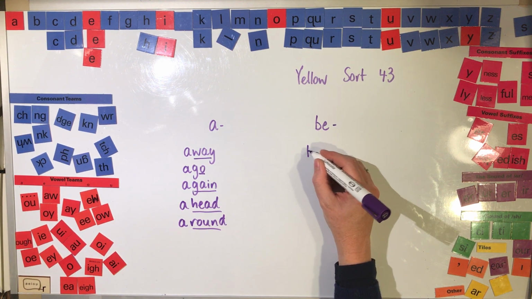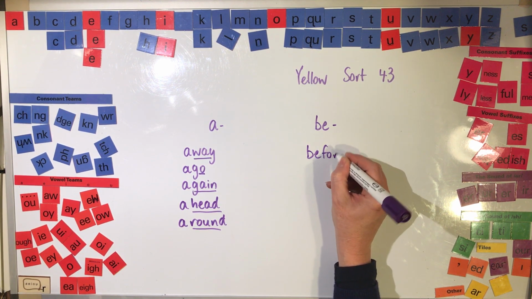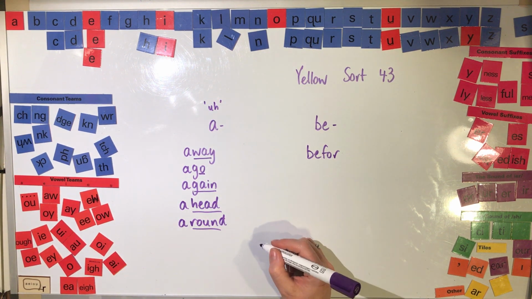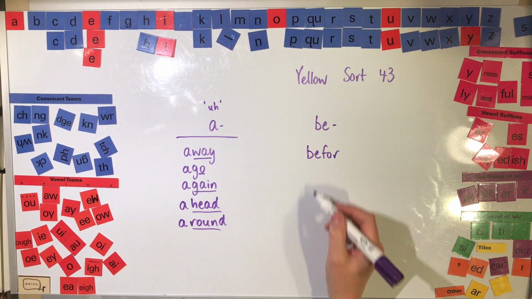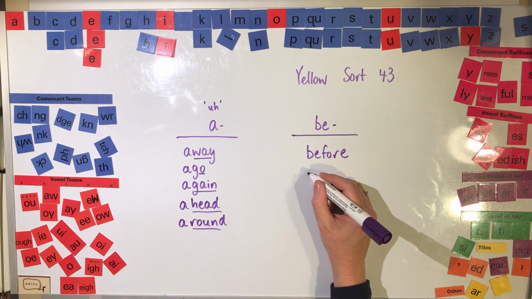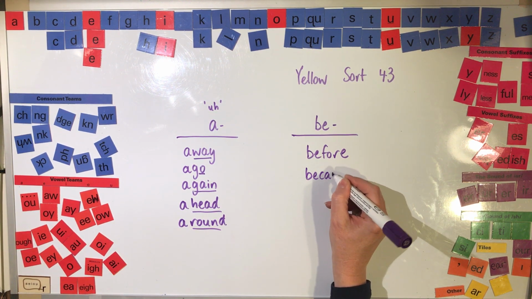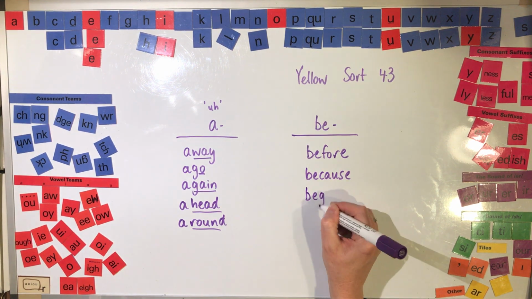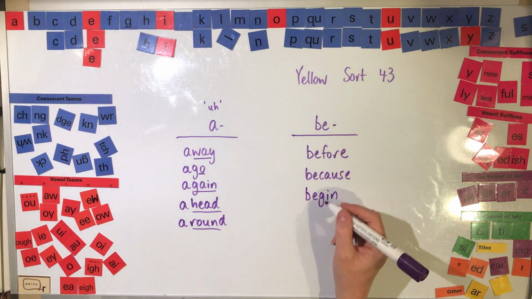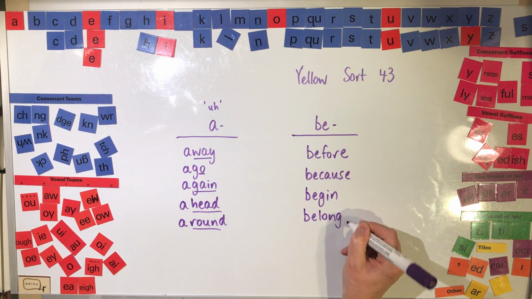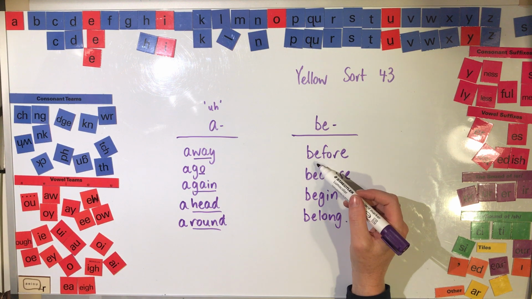Okay, let's write a couple down. Before, I'm going to write here as the sound under our A words. Before, because, and begin. And one more, belong. What are you noticing about the sound?